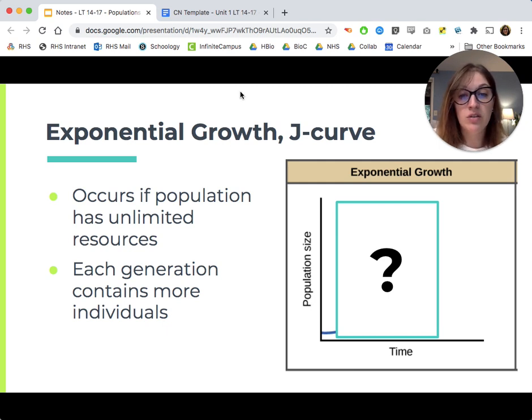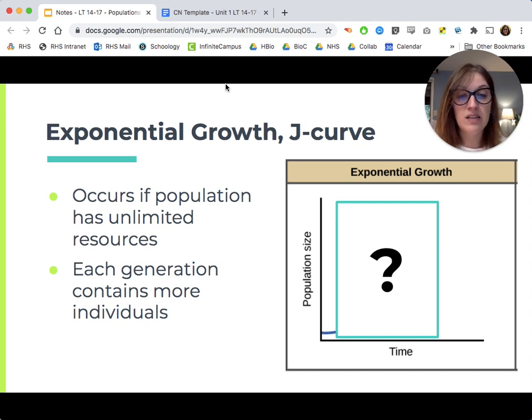Exponential growth occurs if a population has unlimited resources. This can include food, space, and no risk of disease, so on and so forth. And also, each generation contains more individuals than the generation before it. So I want you to think for a moment. What do you predict a graph would look like if it fits this description?